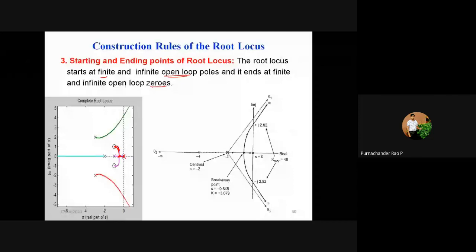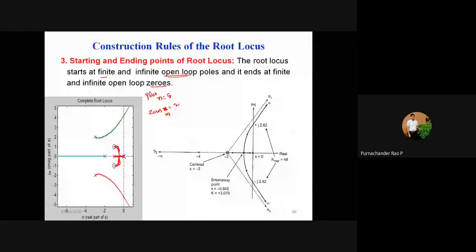Then another one, this purple line, moves to the right side, then comes back and terminates at a zero. The root locus starts at an open loop pole and ends at an open loop zero.